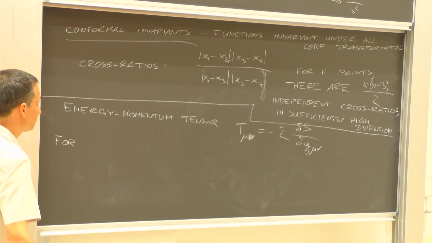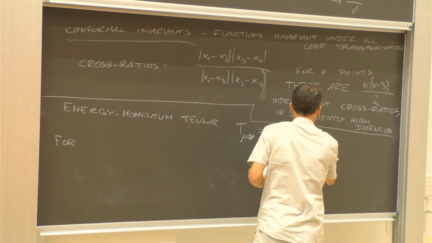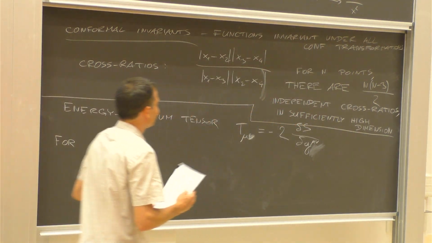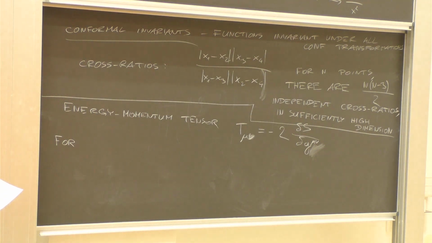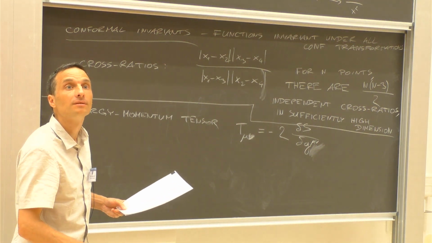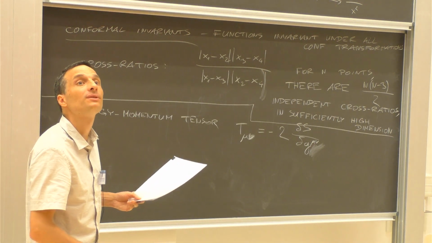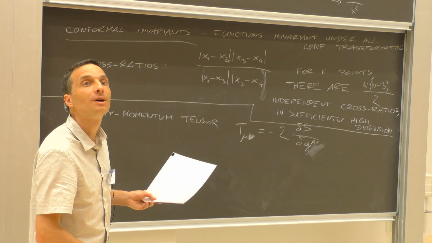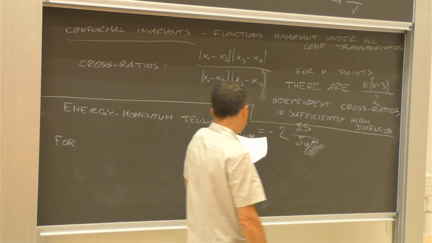There is no square root of determinant of the metric. Okay, so it's like a density. So it's a tensor density then, probably. In that sense, yeah.